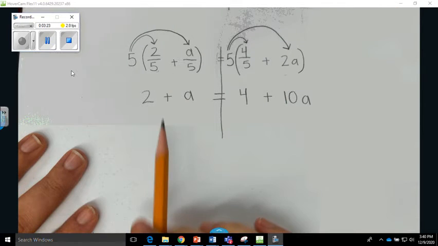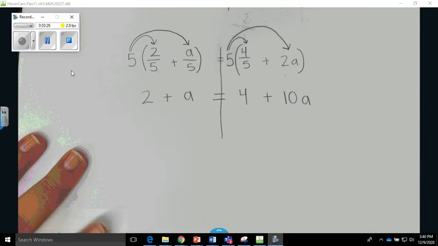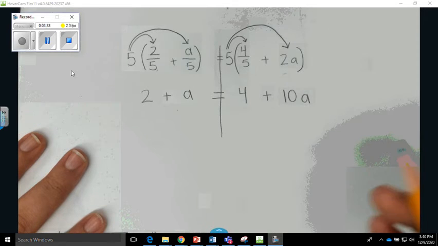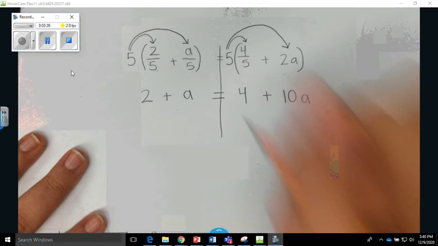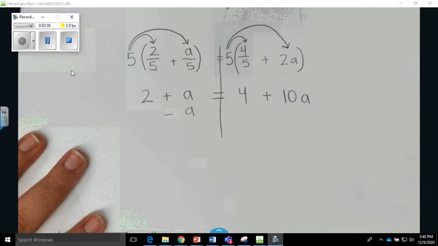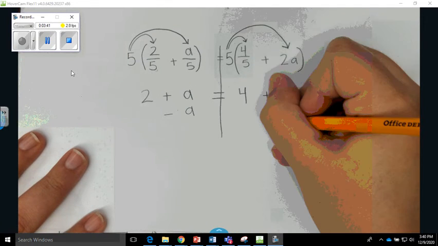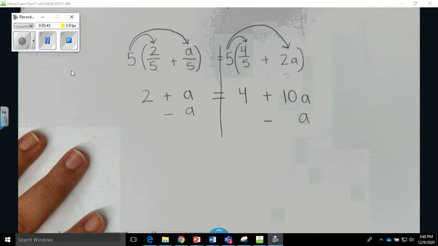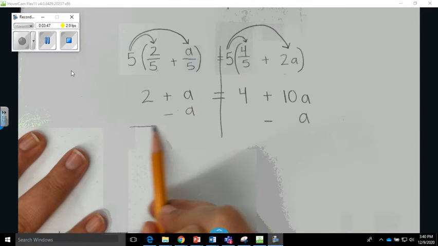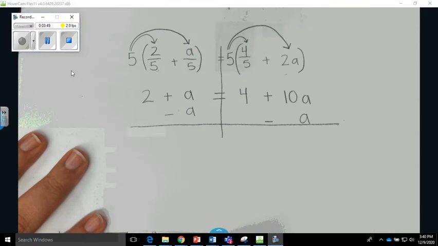Now this looks like more something that we know how to solve, so we can go ahead and solve it. Let's bring all of our a's to one side. Let's do the a by itself. That looks a little easier. So it's plus a. I'm going to subtract that a. What I do to one side, I must do to the other. Now because it was just an a by itself, that is the same thing as 1a.